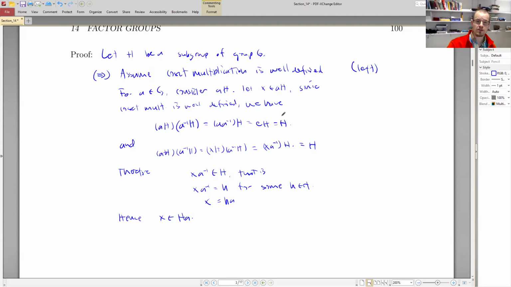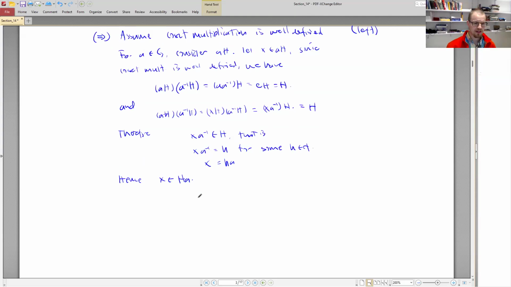What good does that do me? Well, I started with X as an element of AH, and then I ended up with X as an element of HA. Thus, I can conclude that things that are in AH also belong in HA, and therefore AH is a subset of HA.